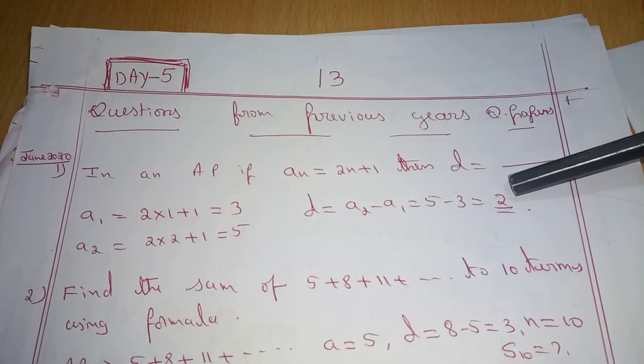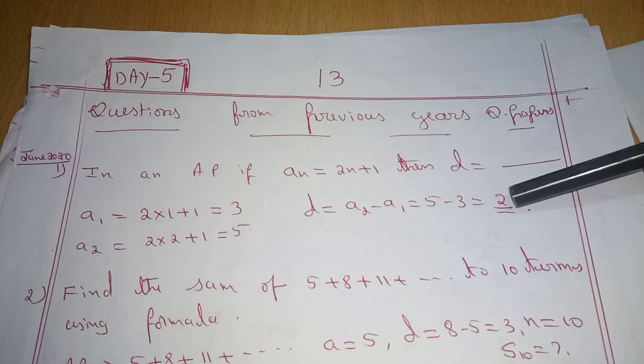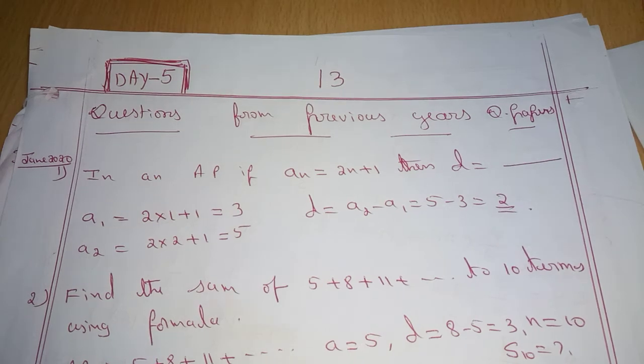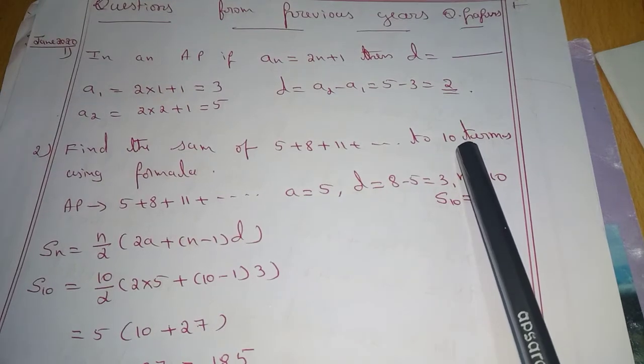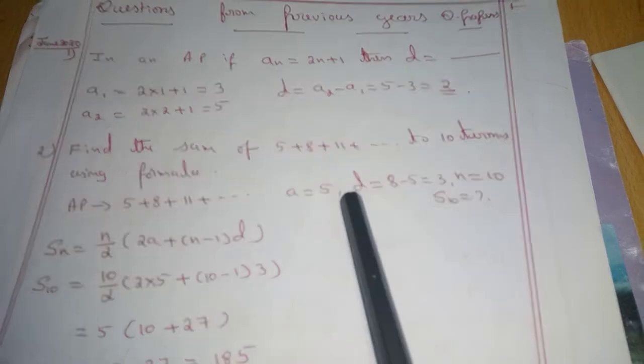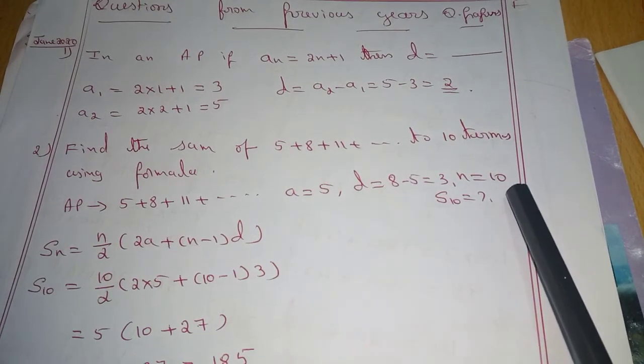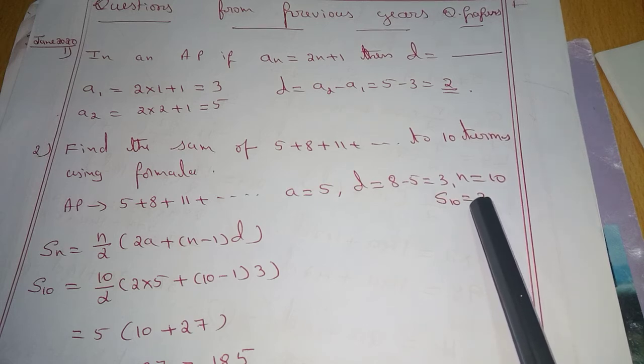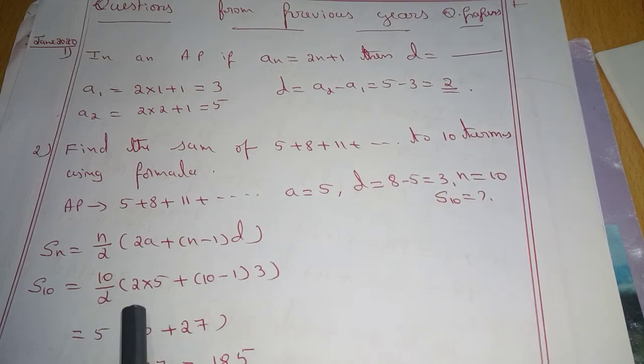Difference is 2. Next, sum of 10 terms. A is 5, D is 3, N is 10. S10 is equal to 10 by 2 into 2 into 5 plus 10 minus 1 into 3, 5 into 37, how much? 185.